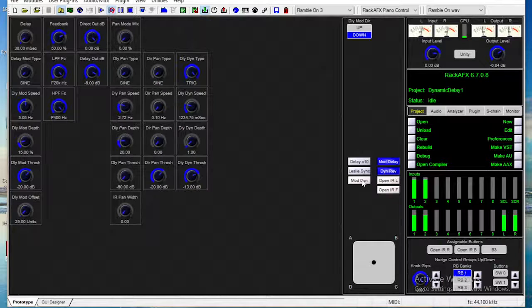So again, it doesn't sound too good having that there, so cutting that out, you get back to that cleaner, distorted electric guitar sound.